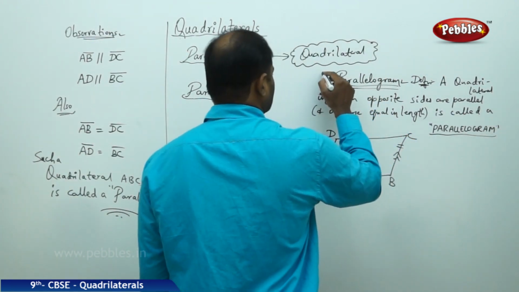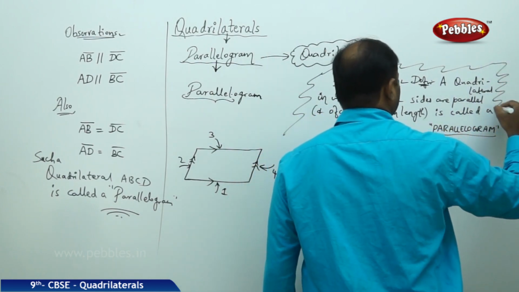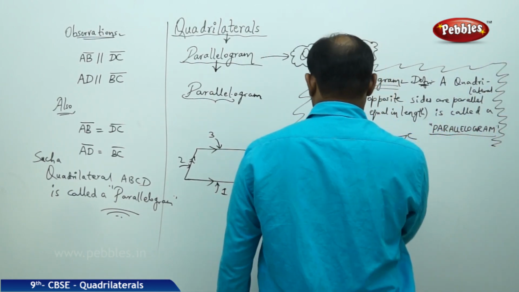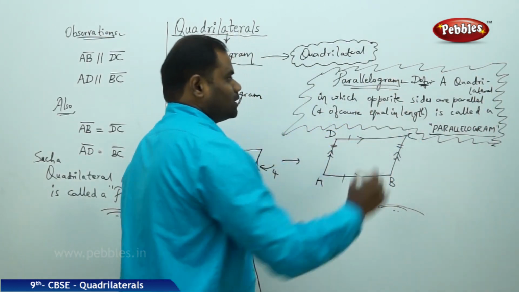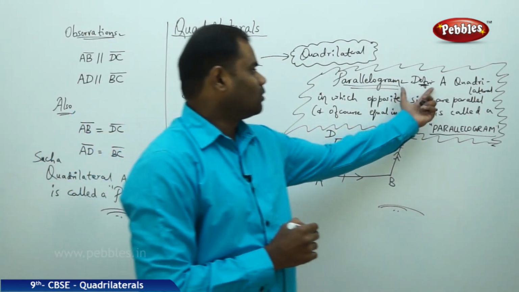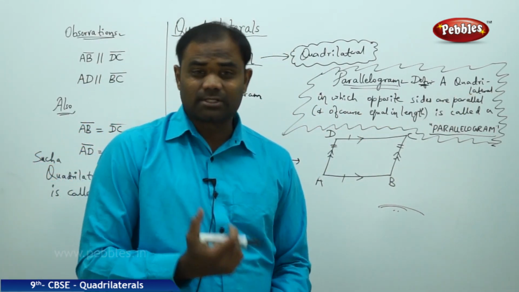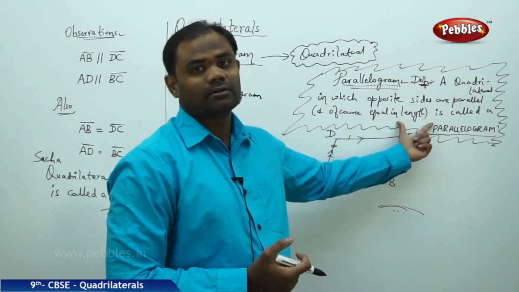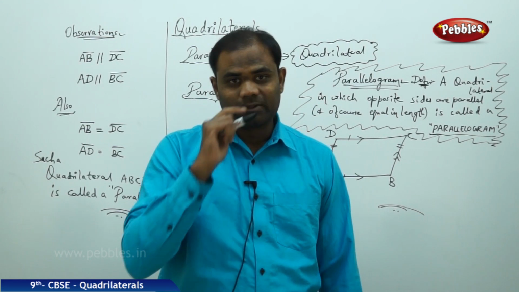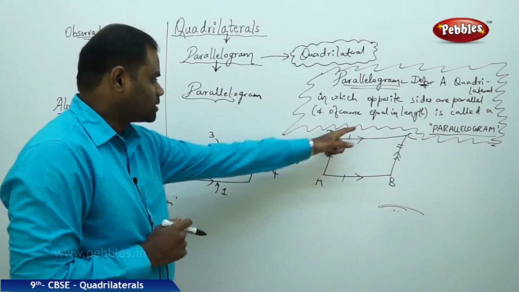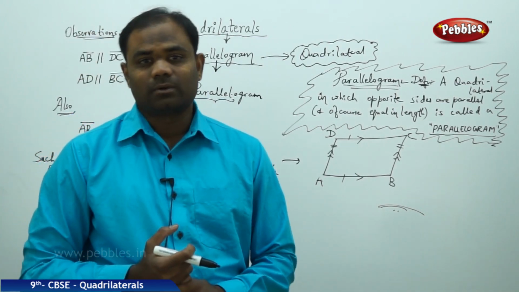Is how we understand the parallelogram. A quadrilateral in which opposite sides are parallel and the opposite sides are equal in length is called a parallelogram. A quadrilateral with a special case of opposite sides parallel and equal is given the name parallelogram.